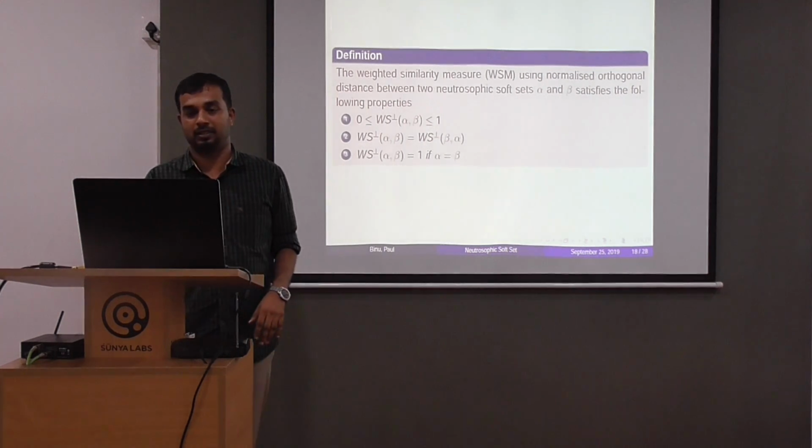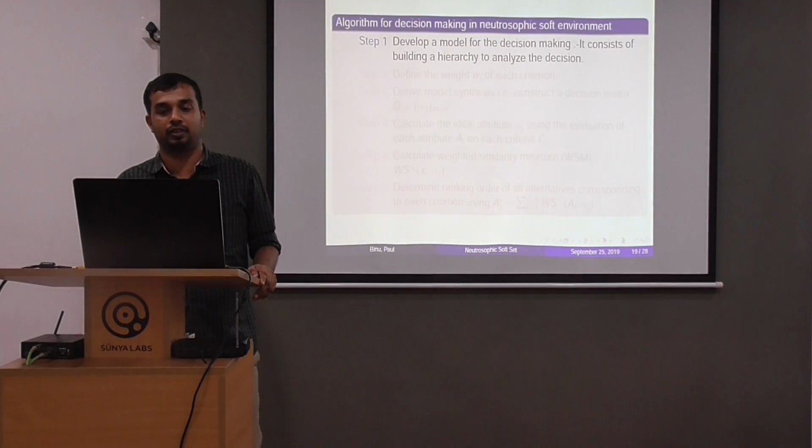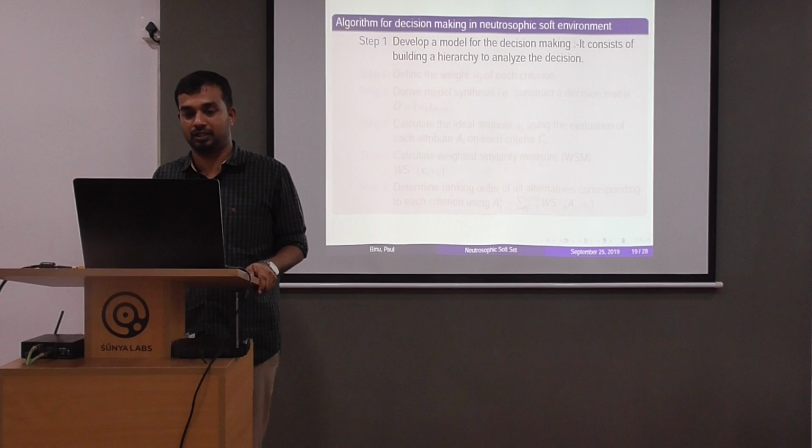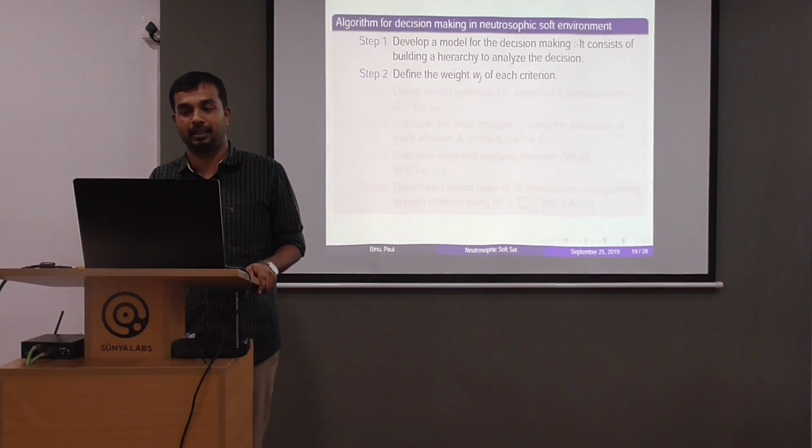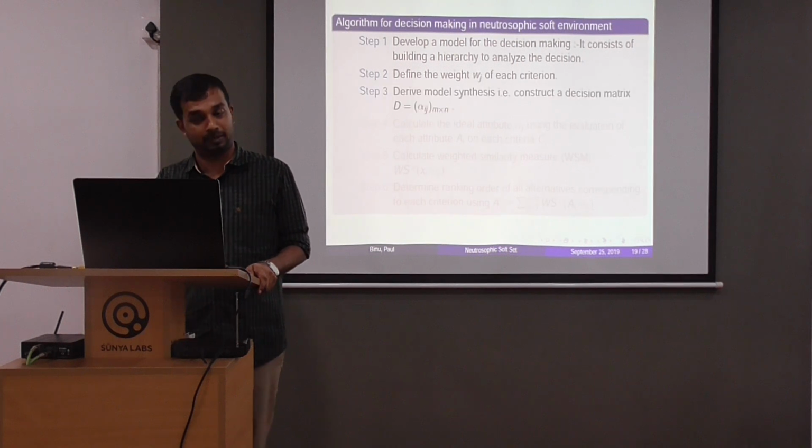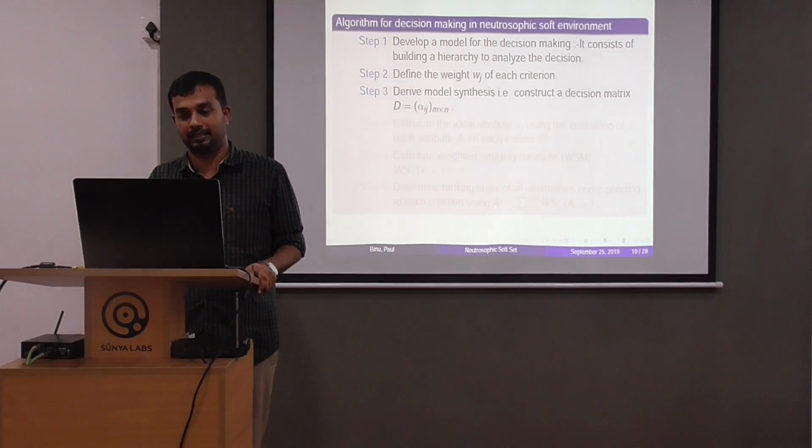properties. Next, an algorithm for decision making in a neutrosophic soft environment. The first step is to develop a model for the decision making. Step 2, define the weight Wj for each criterion. Step 3, derive a model synthesis, that is, construct a decision matrix.